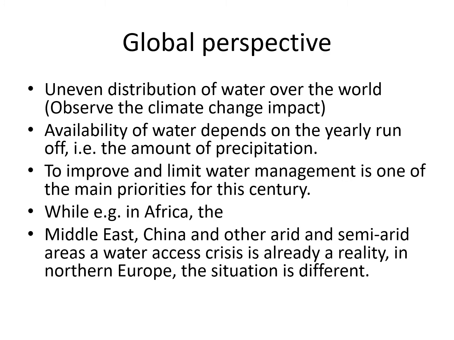So, considering the global perspective, there is an uneven distribution of water over the world, and you can justify this by our global warming effects. Especially if you see that the rainfall pattern has completely changed. If you obtain the data of the last 50 years of any region, you will observe a very obvious change in temperature variation as well as its duration variation.